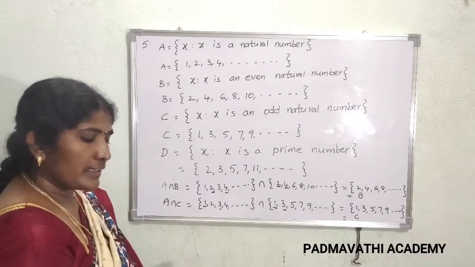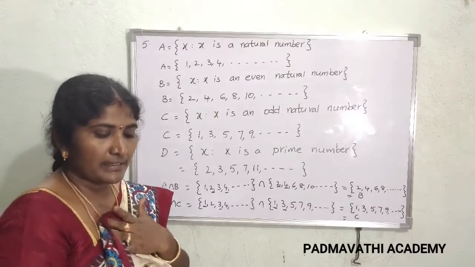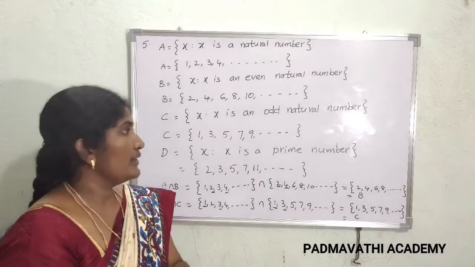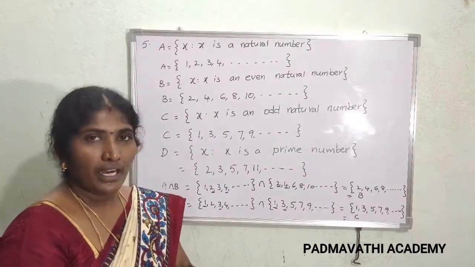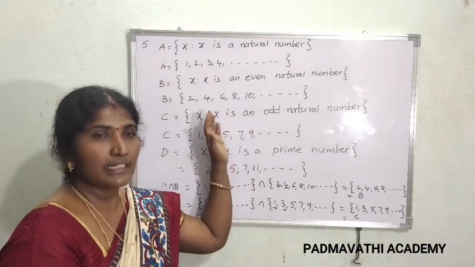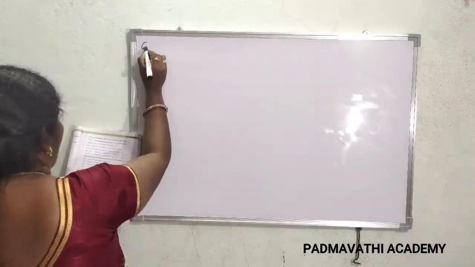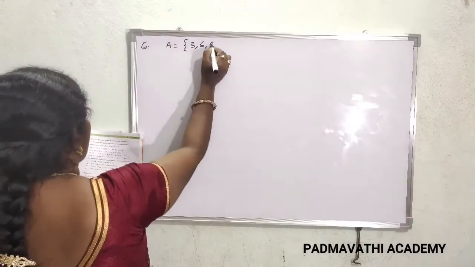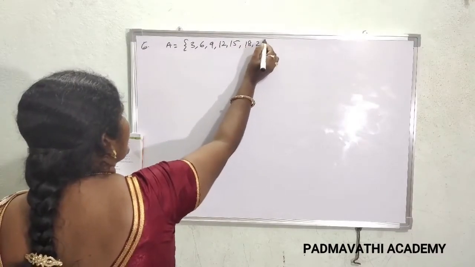Coming to the 6th question, here also they simply gave 4 sets, set A, set B, set C, set D, and they asked differences. Previously we saw how to find the difference. Before, I told how to cancel common elements. First of all you should cancel common elements and list what elements are present in the first set. Next, in the 6th Roman numeral question, A is equal to 3, 6, 9, 12, 15, 18, 21.